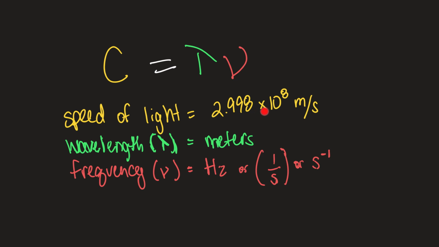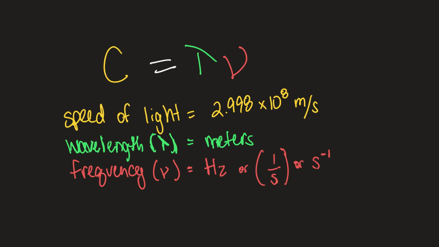The speed here is 2.998 times 10 to the eighth meters per second. Wavelength is typically measured in meters, especially if you're trying to use this equation, and frequency is measured in hertz, or 1 per second, or sometimes you see seconds to the negative 1 exponent.